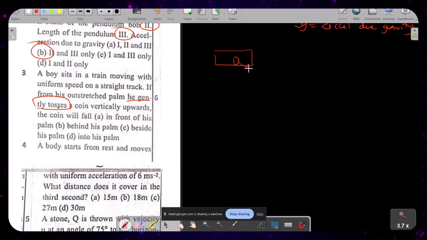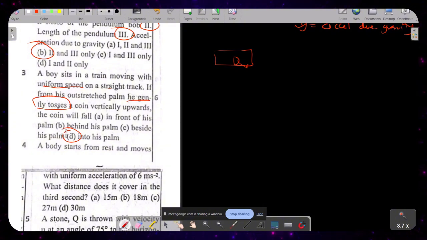Because the velocity is uniform, the boy and the train have the same velocity. So the train is covering equal distances in equal intervals. The train has uniform speed with the boy. So for that reason, the answer is going to be option D. All right, so let's look at question number 4.